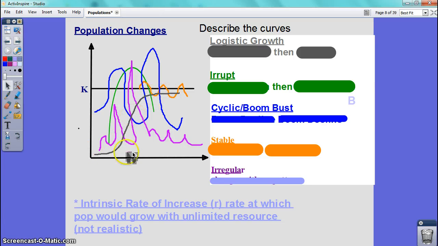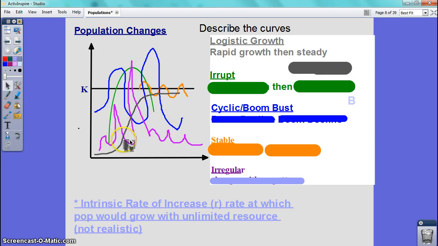This J-shaped curve, as we mentioned before, shows exponential growth, and then eventually there's some kind of stabilizing. So it's rapid growth and then steady. Erupt, which is the green one, exceeds the carrying capacity, so it's rapidly growing, and because it exceeded the carrying capacity, there will be a rapid decline of the population.